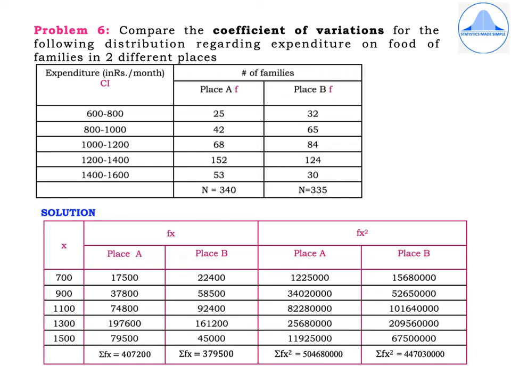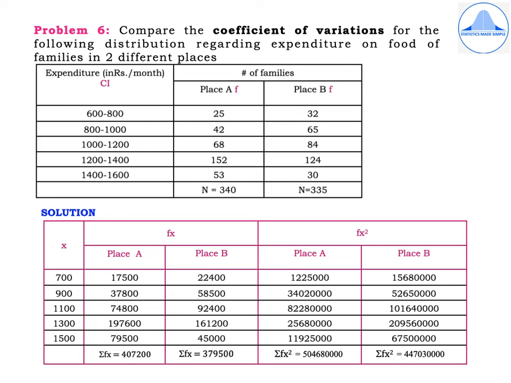I will solve one more problem on coefficient of variation for continuous data. Problem 6. Compare the coefficient of variations for the following distribution regarding expenditure on food of families in two different places.